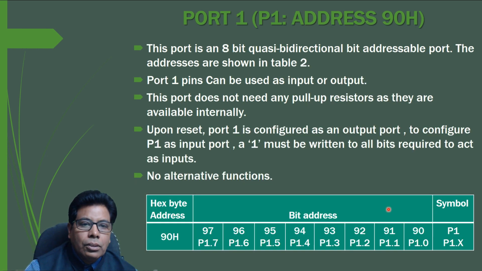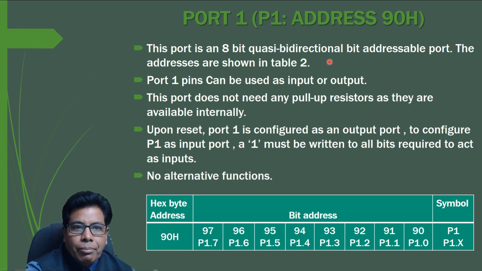Then let us see port 1. Port 1, the address is 90H. So again it is an 8-bit quasi bidirectional bit addressable port, and the addresses are given here in this table. So the byte address is 90H, and the bit addresses: P1.0 is 90, P1.1 is 91, P1.2 is 92, P1.3 93, P1.4 94, P1.5 95, and so on.